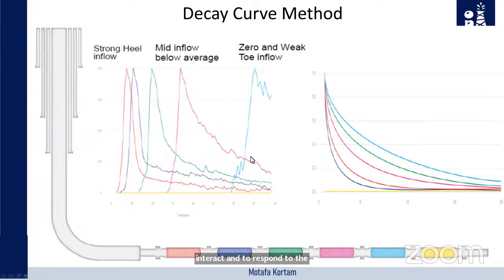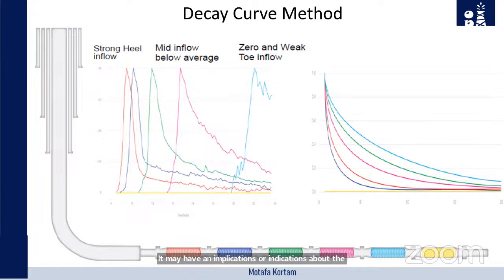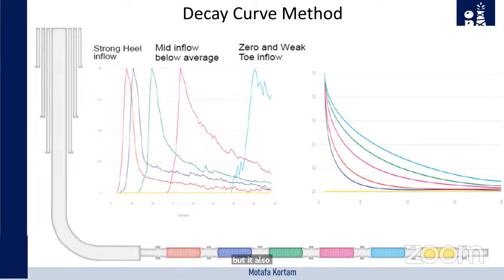So this is one of the applications that you are able to use to figure out what is going on downhole in your reservoir at the well point. It may have implications or indications about the reservoir quality or reservoir pressure, but it also primarily provides what the problem is within the well itself.